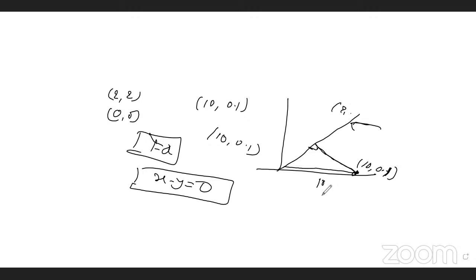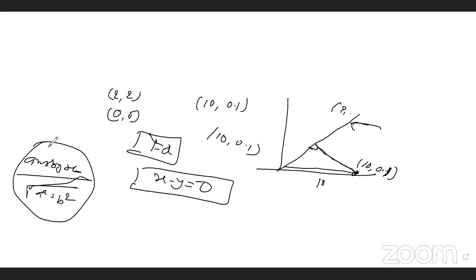Sir, in this also, do I do ax plus by plus c divided by root of a square plus b square? Is that the formula? Yeah, ax plus by plus c upon the norm, I mean root of a square plus b square. This formula should give you the right answer.